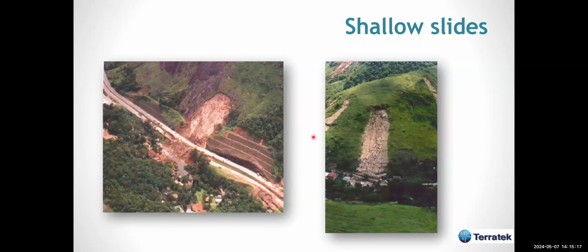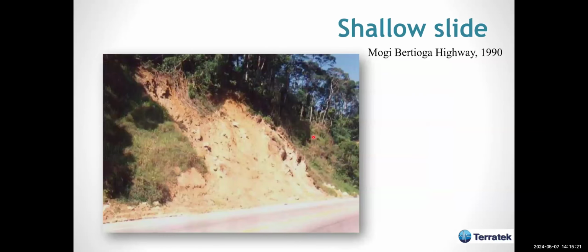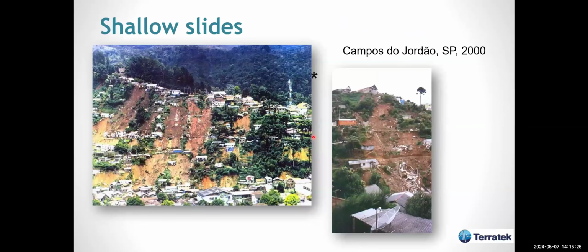Okay, some shallow slides I've seen taking place. Shallow slides. This is another one. I have done some work, and in 2000 I was involved in these many slides that took place in Campo do Jordão. It's a town in São Paulo, Brazil, and they had lots of rain, and they invited me to work with them on some stabilization work that we did later on.